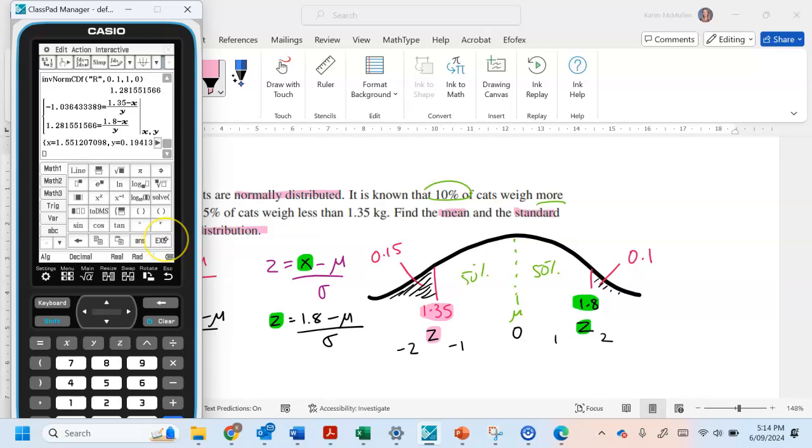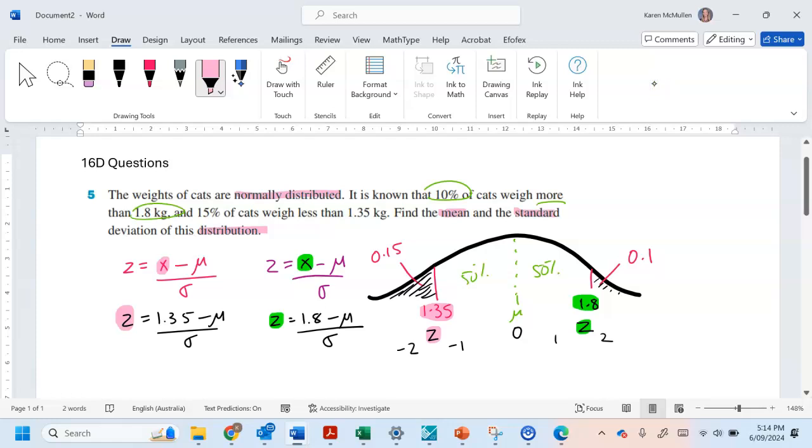All right. And then you get your mean and your standard deviation. Now we would expect the mean to be between 1.35 and 1.8, which it is, 1.55, and your standard deviation is 0.19. So your mean is equal to 1.55 and the standard deviation was 0.19.